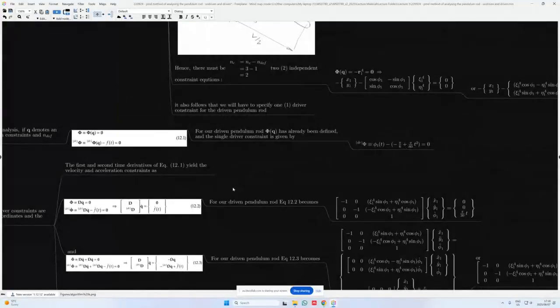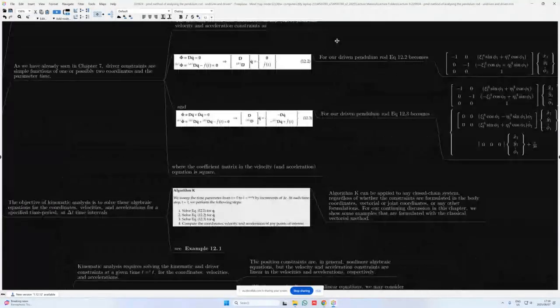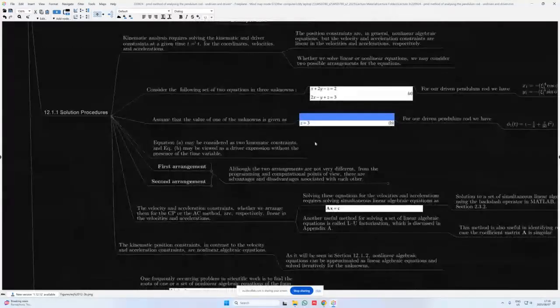That is an input angular acceleration, which we simply derive to get this input value over here, which we can essentially consider to be the same as a constant as what we had over here in equation B. Now, equation A may be considered as two kinematic constraints, and equation B may be viewed as a driver expression without the presence of the time variable.